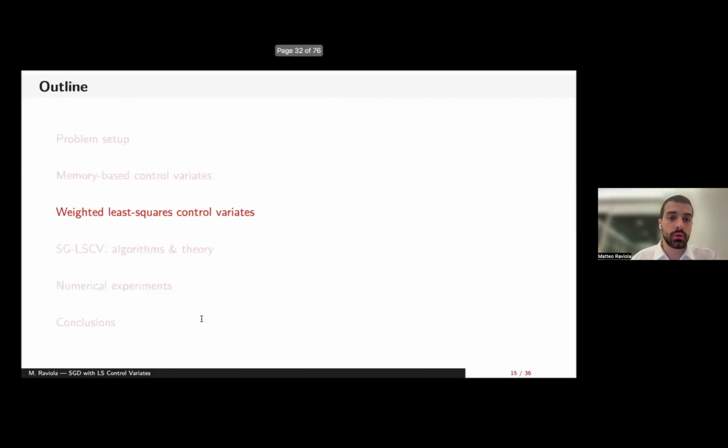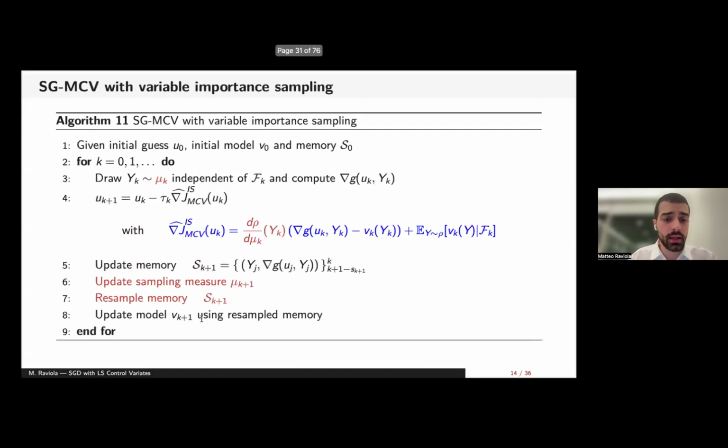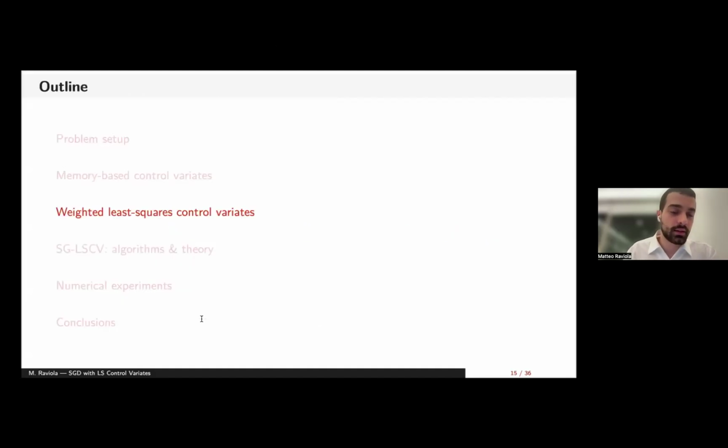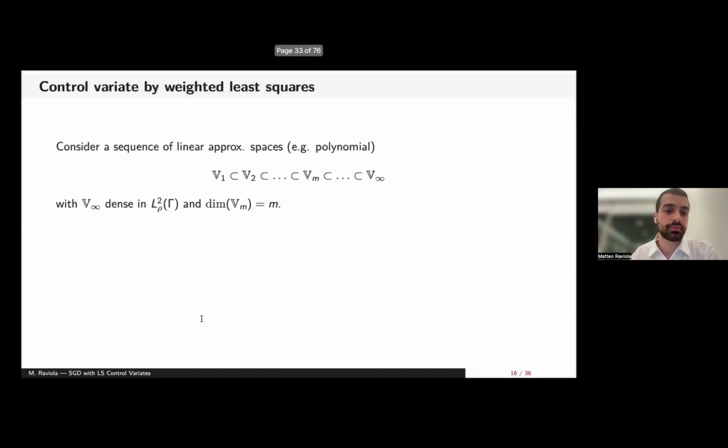Okay, so now I've been going on about this model, and now I would like to introduce what kind of models we use and what is the fitting procedure that we propose. And spoilers, this is going to be with least squares, so I'll be talking now about weighted least squares control variates.